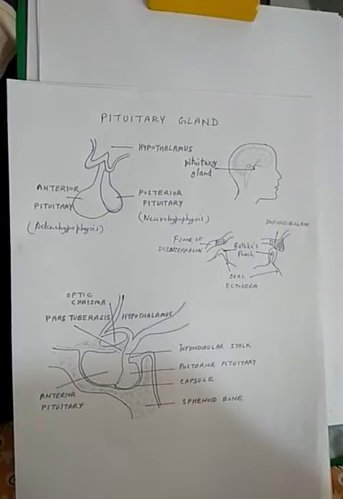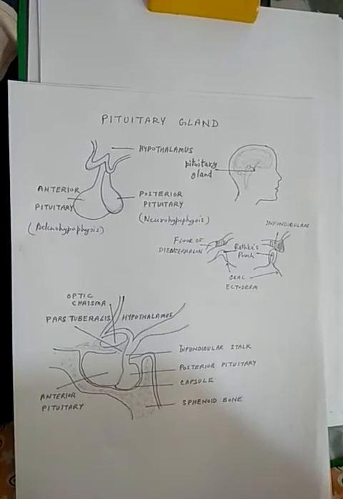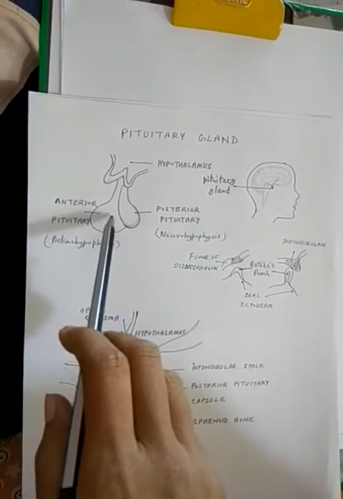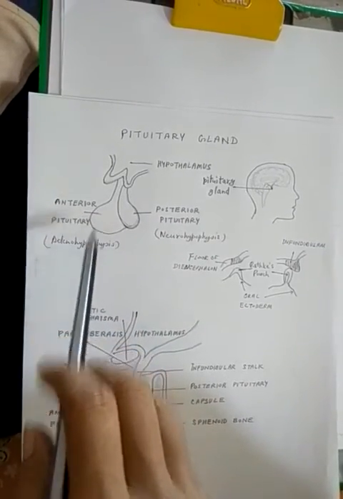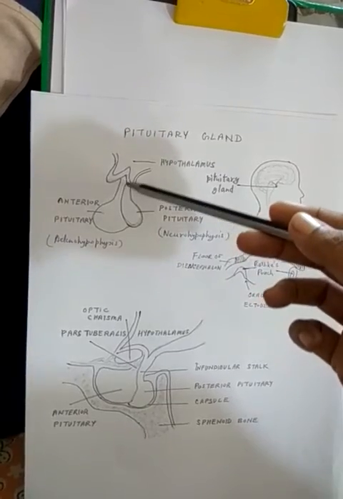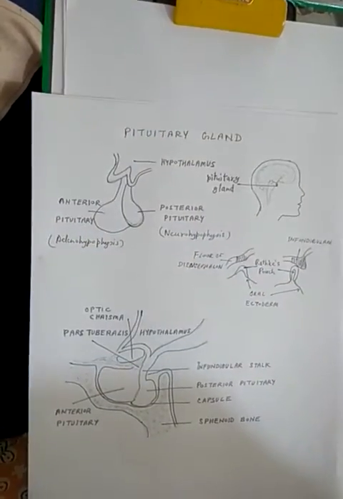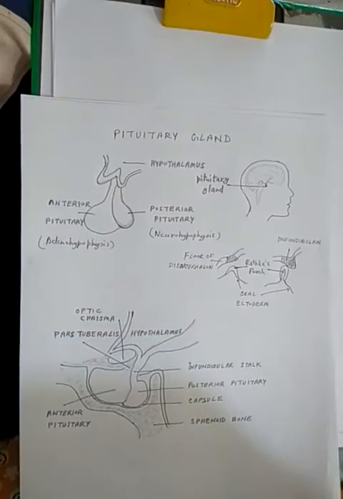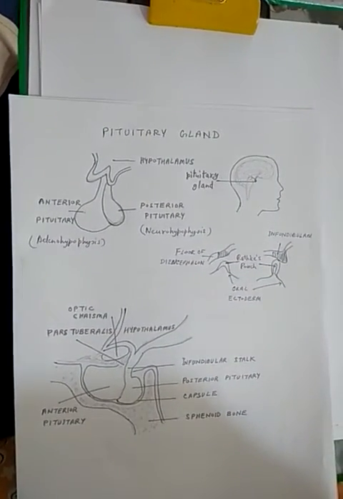The anterior pituitary is again divided into two parts. This part is called pars distalis, and this part is called pars tuberalis. And the neurohypophysis, you can also call it pars nervosa.